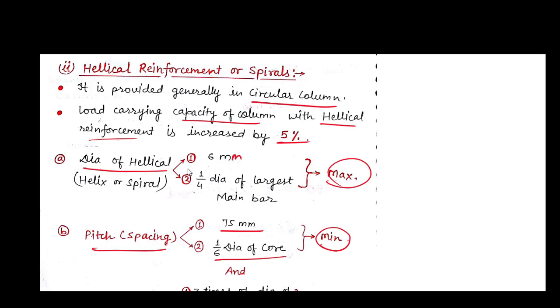Dia of core means if this is a circular column and this is the helical reinforcement part, then this is the dia of core. So 75 mm or 1/6 of dia of core, whichever is minimum between these two, we will take it as the pitch or spacing.